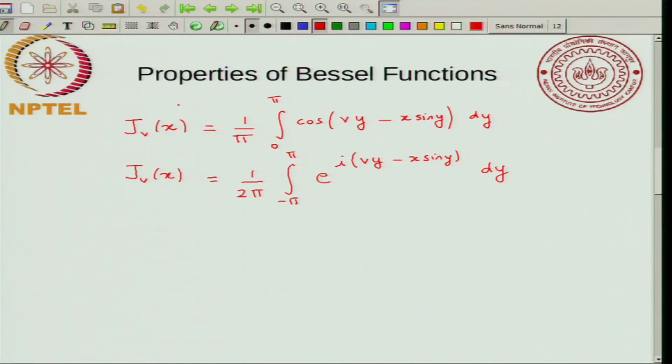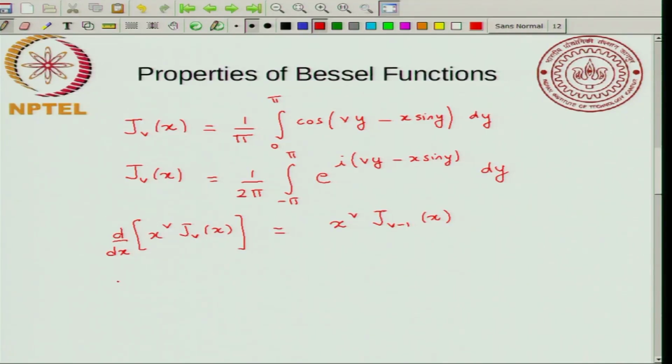Now what are the other interesting things about Bessel functions? Suppose I take d by dx of x raised to v times Jv of x. I take the derivative with respect to x of this whole thing, and I get x raised to v J(v minus 1) of x.